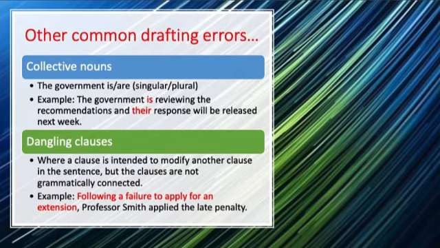And these are errors that we see both in students' work and actually even in legal documents as well. The first is the issue of the collective noun. A collective noun is one that denotes a group of people or a group of things or a group of animals.